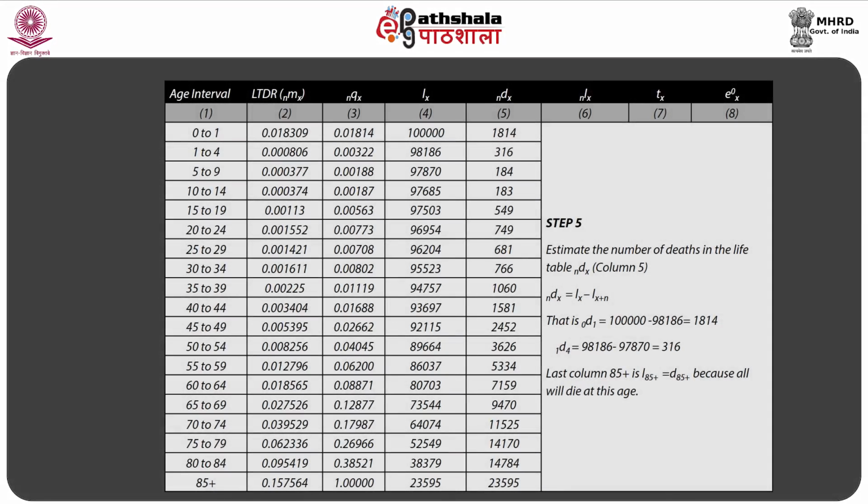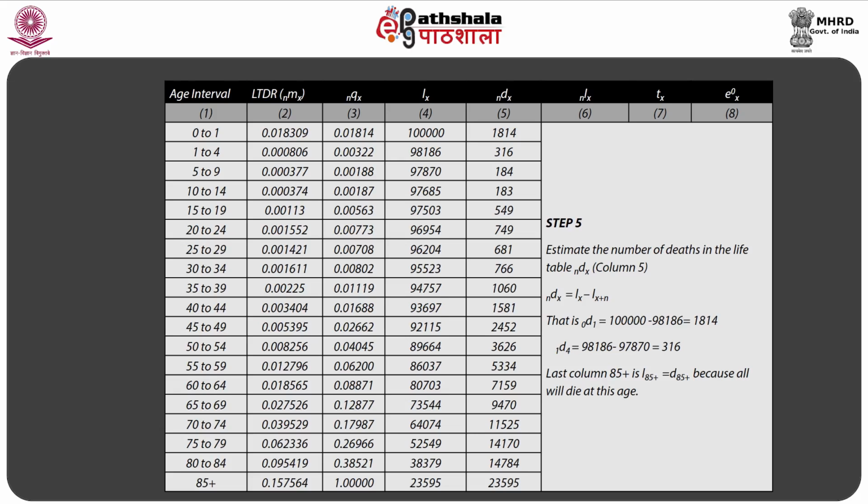Step 5. Estimate the number of deaths in the life table ndx, that is column number 5. ndx is equal to lx minus lx plus n, that is 0d1 equals 100,000 minus 98186 equals 1814.